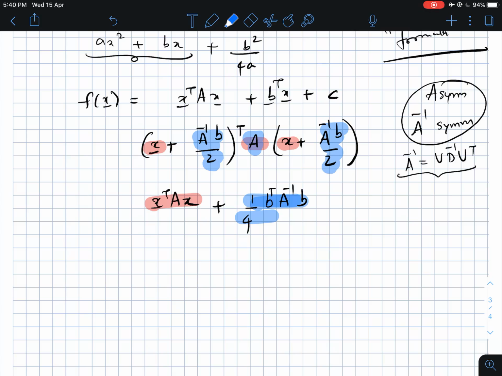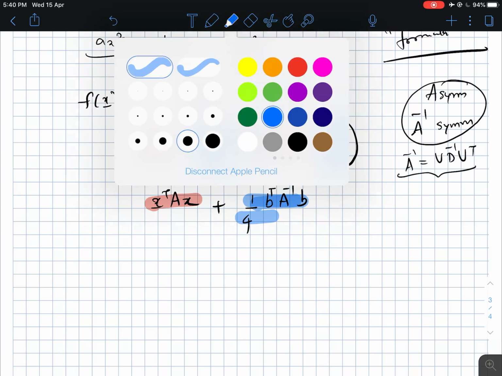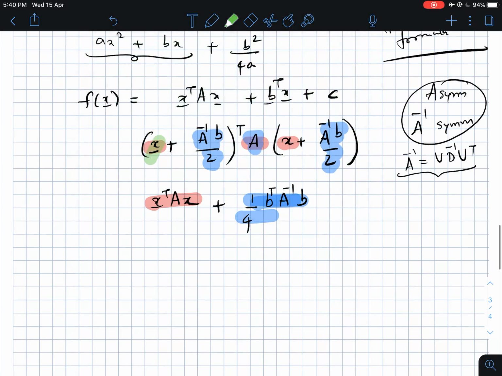Then you will have the cross terms, the cross terms that are obtained by taking x here, and A inverse B by 2 here. So let's just write it down, x transpose A and A inverse B by 2.